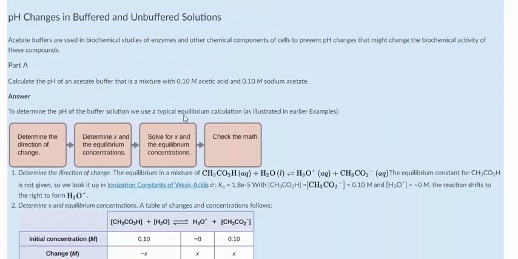Now, when we're talking about calculations, we have this particular example, pH changes in a buffered and an unbuffered solution. For example, part A: calculate the pH of an acetate buffer that is a mixture of 0.1 molar acetic acid and 0.1 molar sodium acetate.